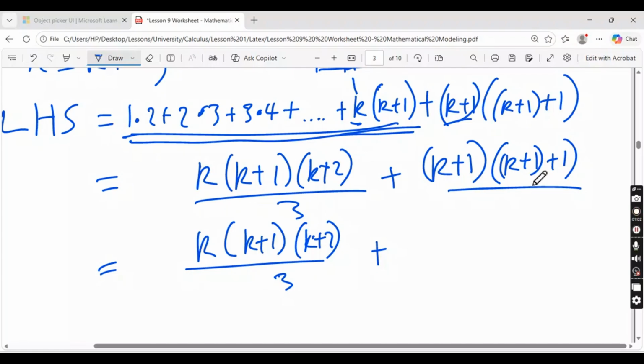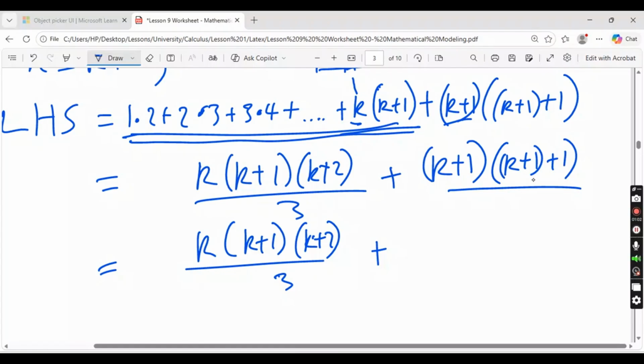Okay, what did you do? First, I said k times k plus 1 times k plus 2. Oh, no, sorry, I'm repeating it with the other line. I said 1 times the first part because that's the rule for adding fractions.